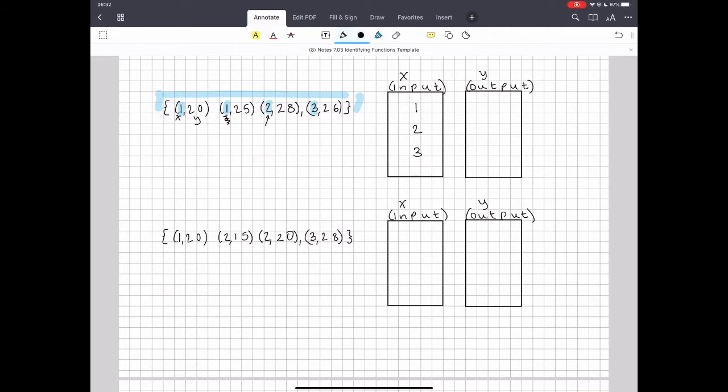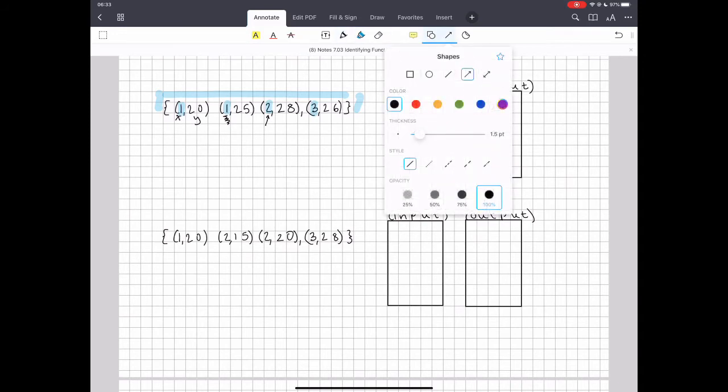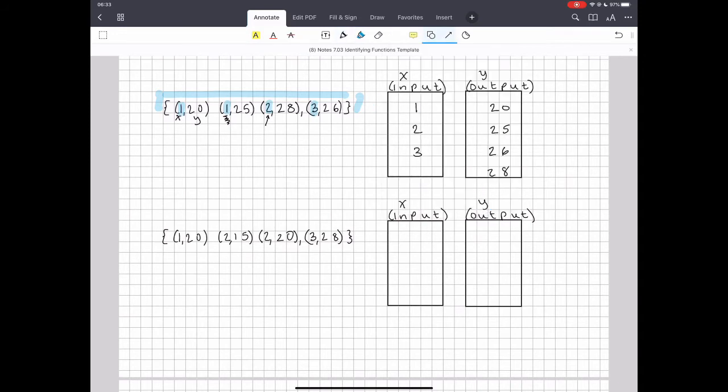Now we're going to enter in our outputs. We've got 20, 25, 26, and 28. So everything's entered in ascending order. And now we have to match them up. So the 1 went with the 20, and the 1 went with the 25.